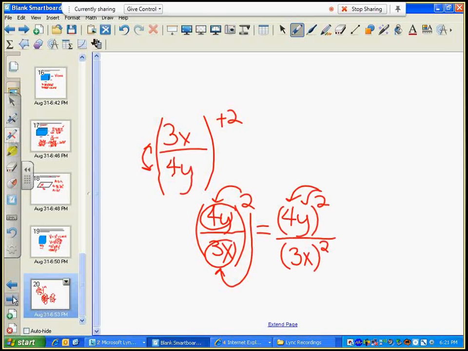Now I've got a power of a product in both cases. Simplify my numerator, I end up with 4 squared y squared over 3 squared times x squared. When I simplify that out, I end up with 16y squared all over 9x squared. I don't have same bases, so I can't simplify any further.